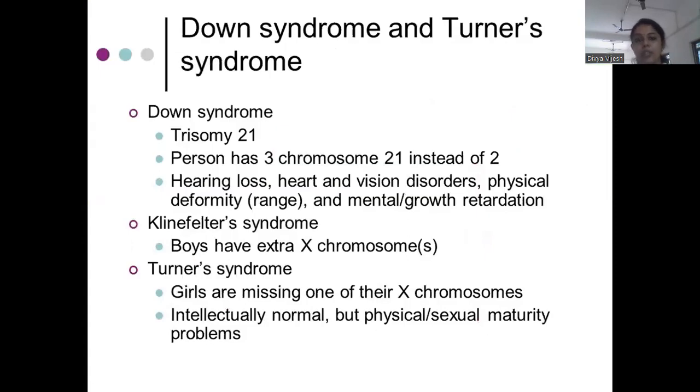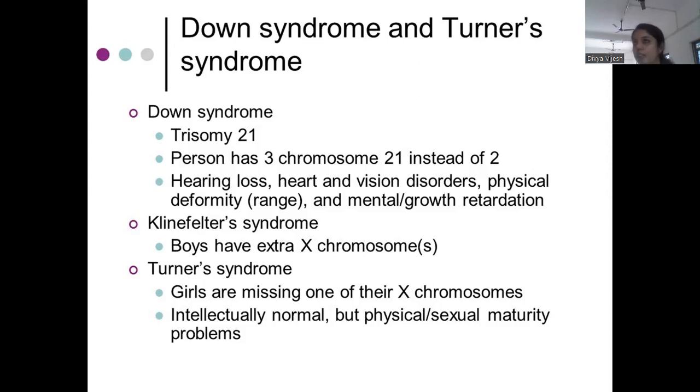Then from karyotyping, we can find out chromosomal abnormalities like Down syndrome, Klinefelter syndrome, and Turner syndrome. Down syndrome means we have trisomy on the 21st chromosome, so trisomy 21. Normally there is 1 pair of chromosomes, but the person has 3 copies of chromosome 21 instead of 2.